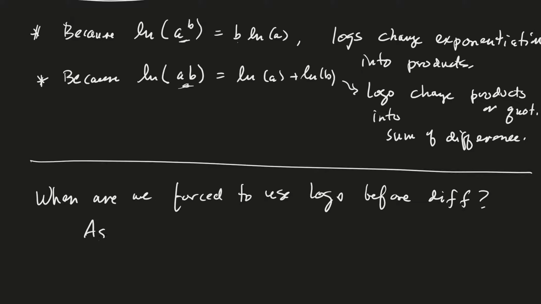And the answer is, when you have something of the form y equals f of x to the g of x power. Okay, so that means you have a variable in the base and a variable in the exponent.